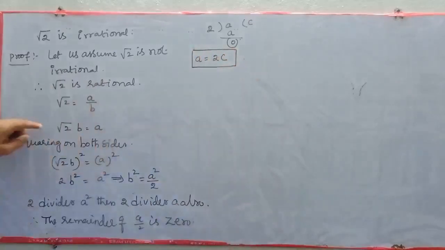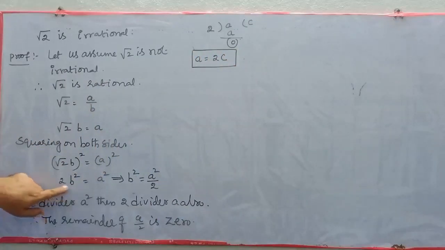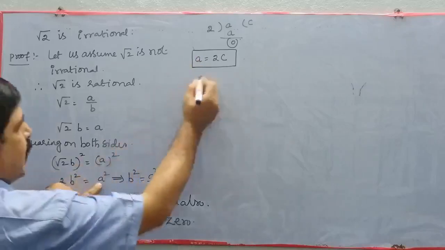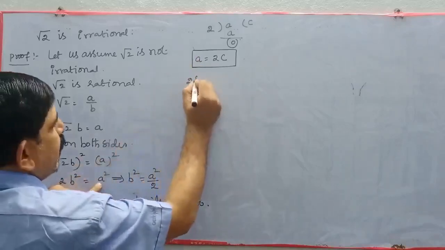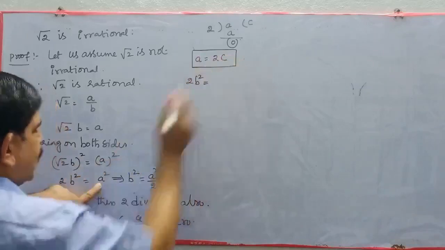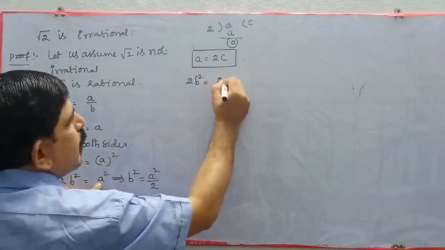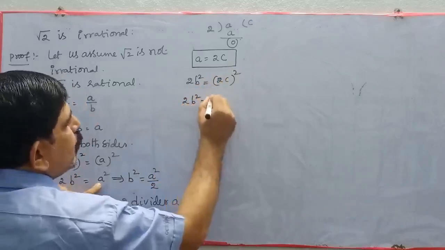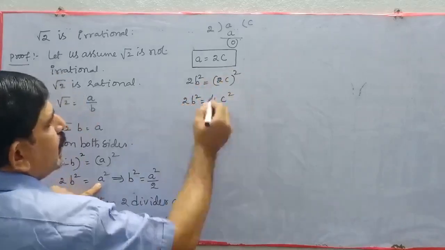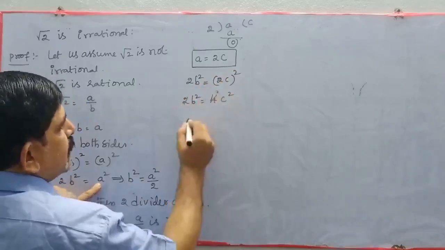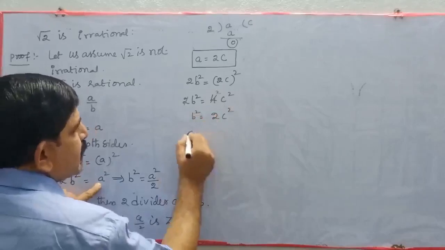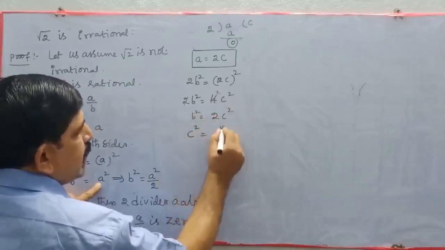Then here 2b square is equal to a square. From this, with a equal to 2c, a square is equal to 2c whole square. Now 2b square is equal to 4c square. 2 ones are 2, 2 twos are 4. So b square is equal to 2c square. Now c square is equal to b square by 2.